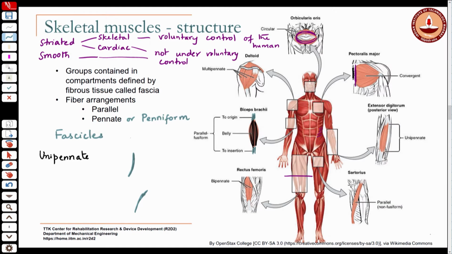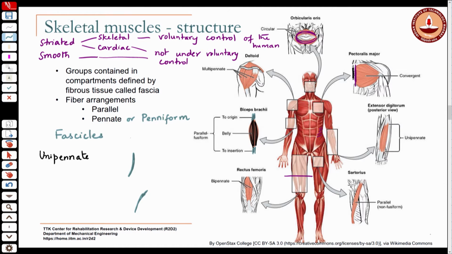Which means they exhibit both viscous and elastic behavior. They store energy, they are elastic, but they also exhibit hysteresis.